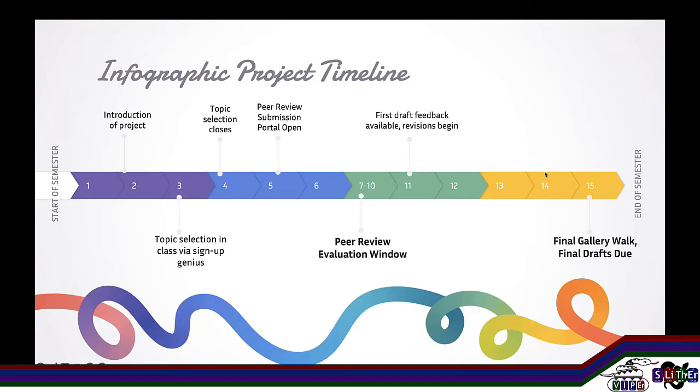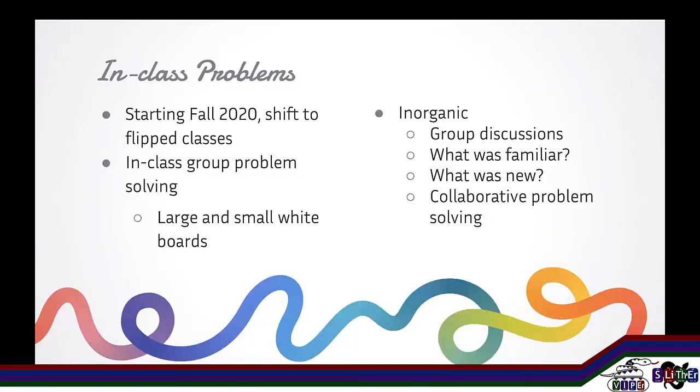So those are two examples of more formal peer review that I've done. As I was reflecting on this for this talk today, I was also thinking about more informal peer review. I wanted to share some recent changes I've made to my courses in fall of 2020, in response to being online.